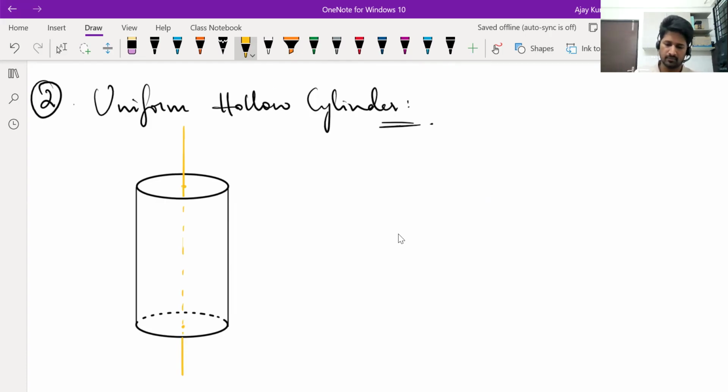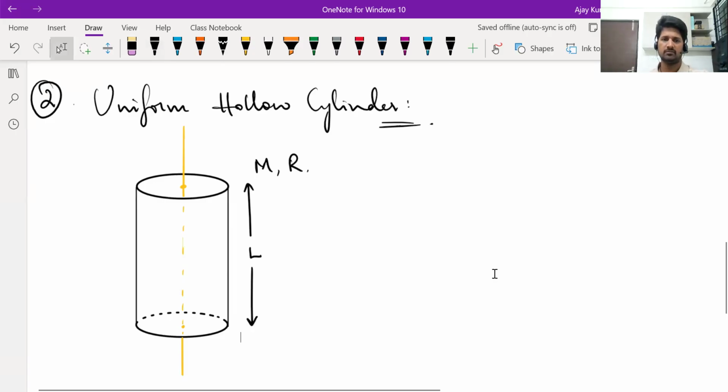Any idea, anyone, what can be done? Let's say its mass is m, radius is r. If required, you can take its length also to be L. How will you derive the moment of inertia of this system about that axis?